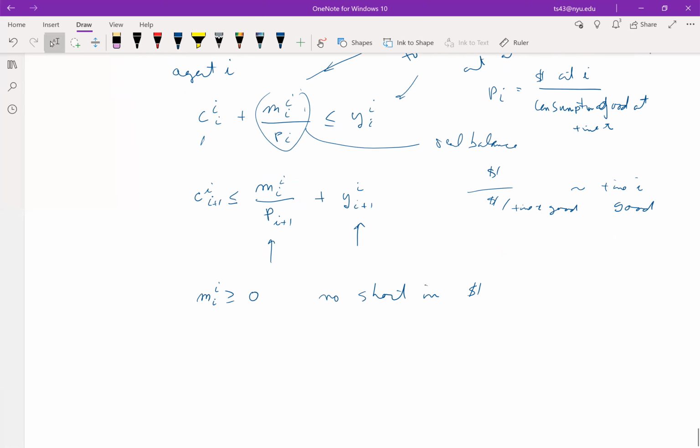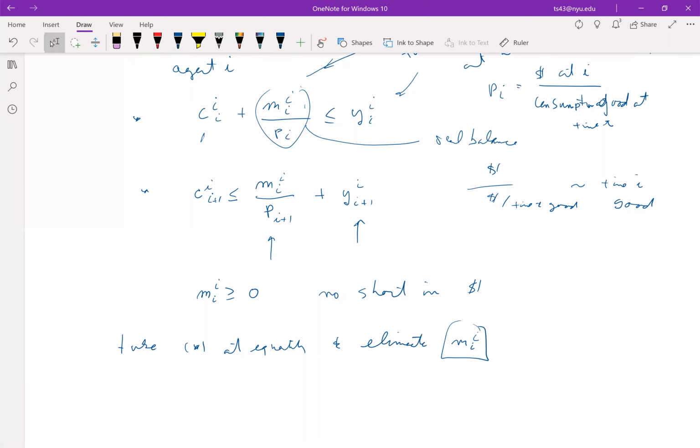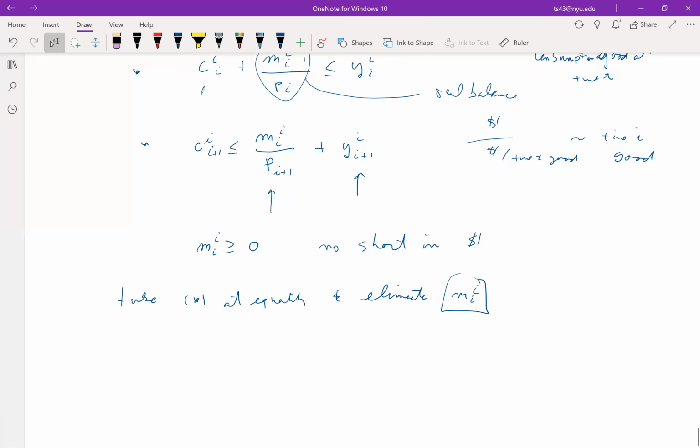Okay, so if I take these two equations at equality and eliminate MII, I'm going to solve the second equation for MII and substitute it into the first equation.